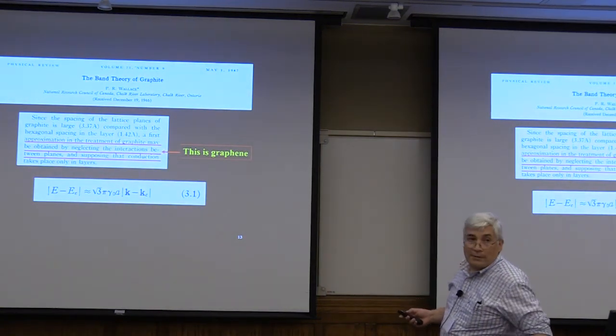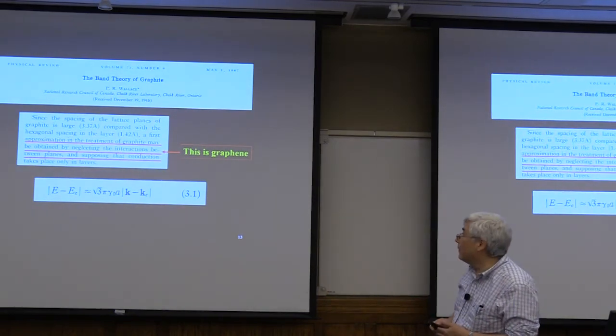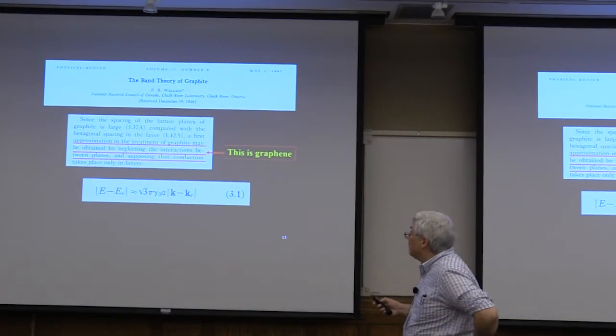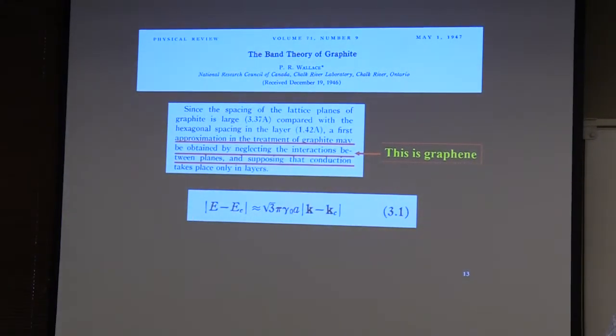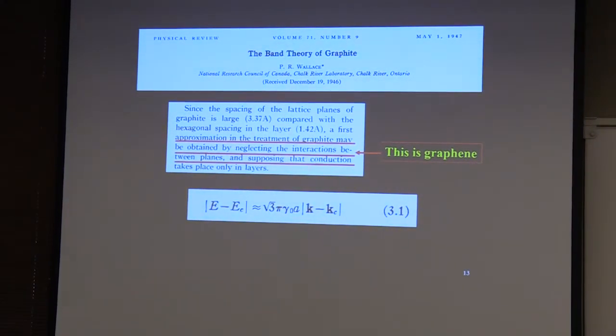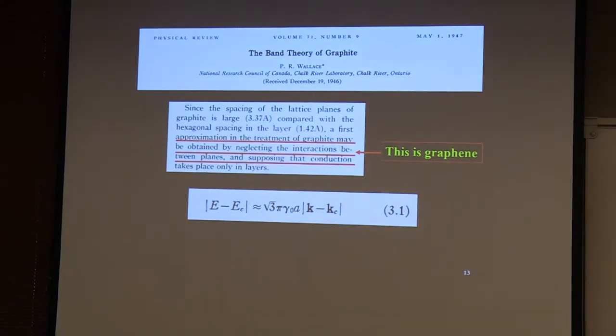This is what I was referring to before Feynman gave his talk. Wallace published this paper in 1946, and he calculated the energy dispersion and the band structure of graphene. In fact, in his paper, he called it the band theory of graphite.